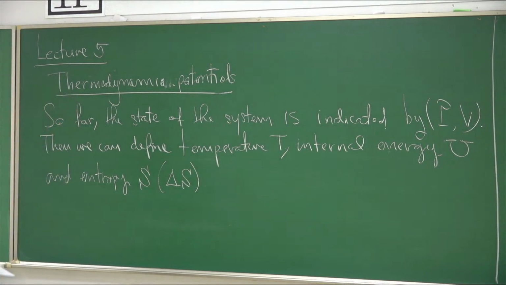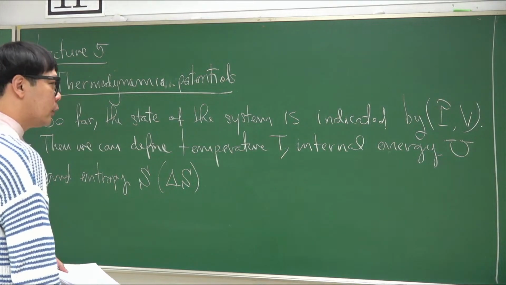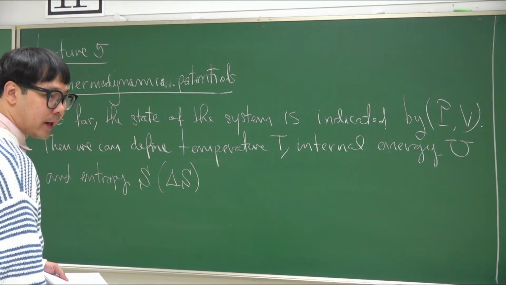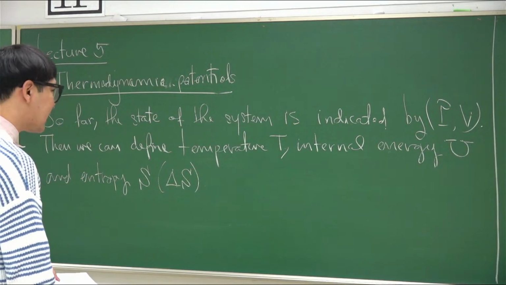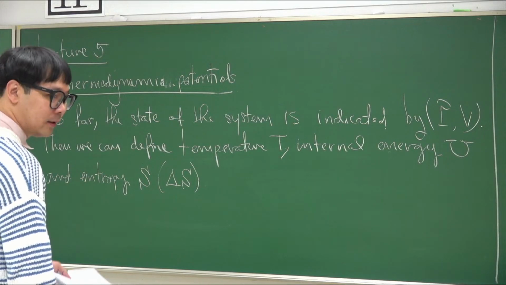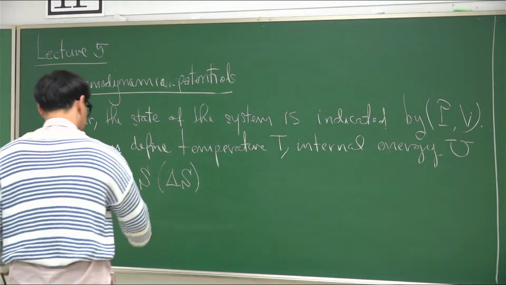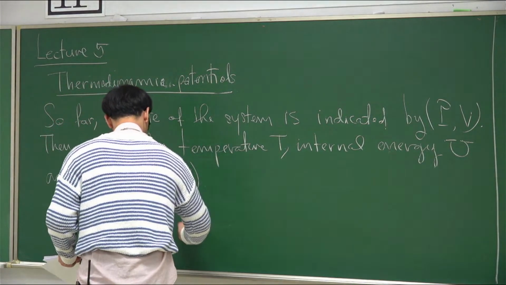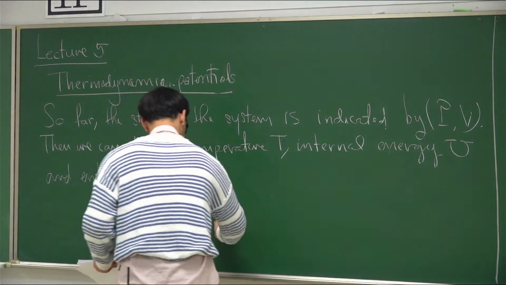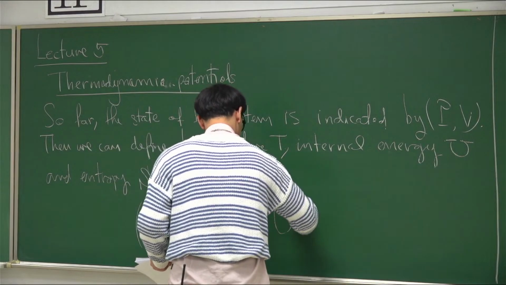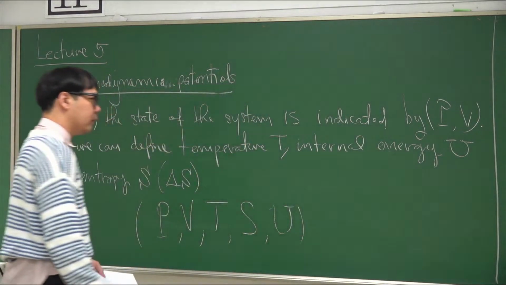So you see that now we have more than two variables to play with, right? We have P, V, T, U, and S now. So we have a set of variables we can play with.